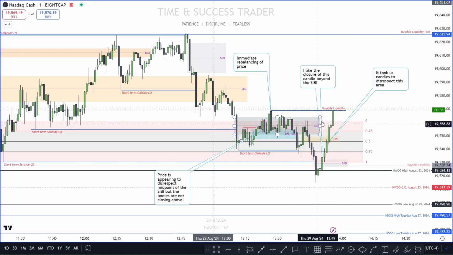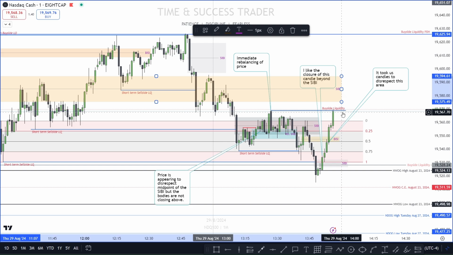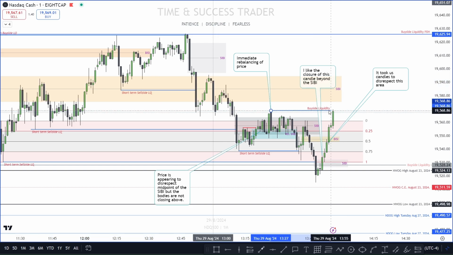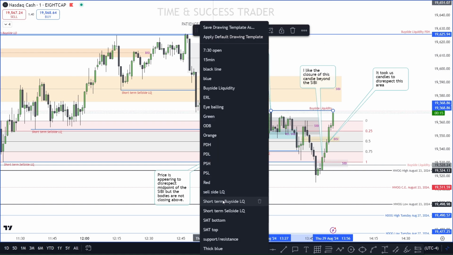Now we should see price speed off. It's doing it now. Once we're going up, we should see price speed off, and I want to see price speeding past this area. Alright. This is short-term buy-side liquidity.